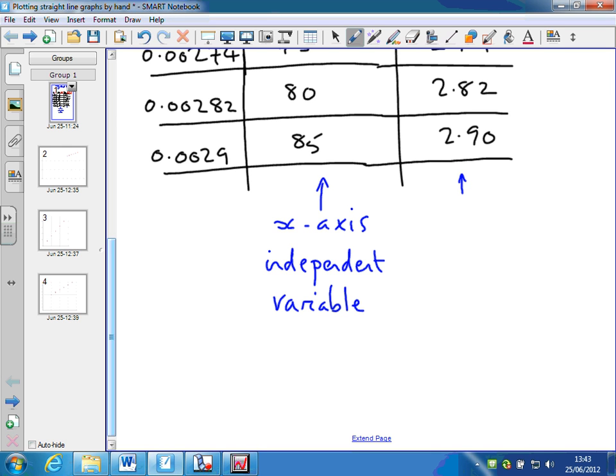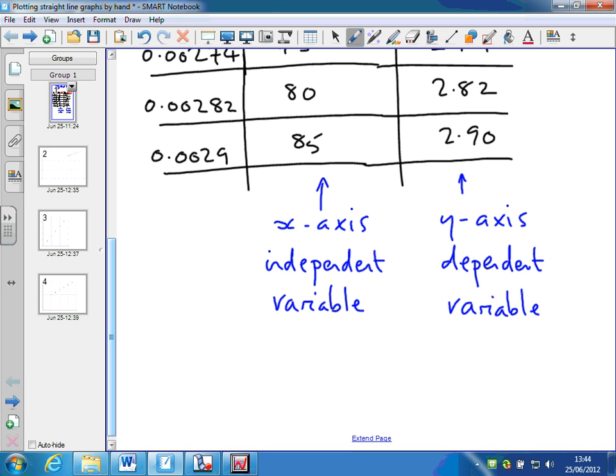It's not always obvious, because they don't always go up in nice equal lumps, what the independent variable is, but we try and put the one we're controlling, the independent variable, on the x-axis. Time is often the thing that we're controlling, and so that's often on the x-axis, time. So the y-axis then is the other variable, and that's called a dependent variable because that depends on the independent variable.